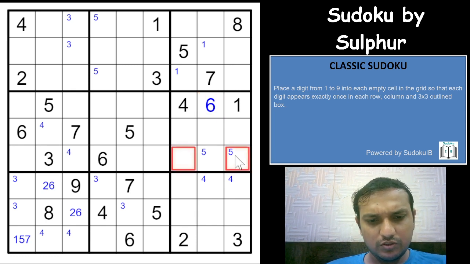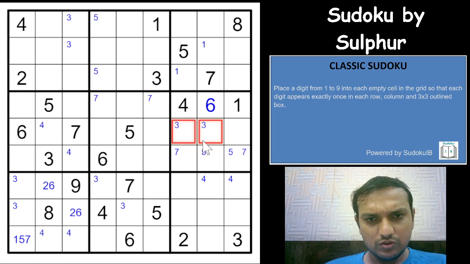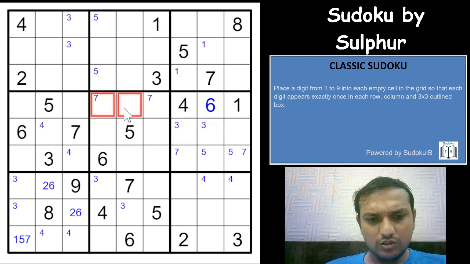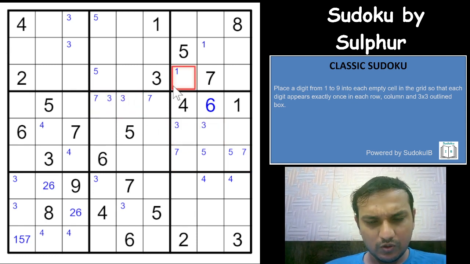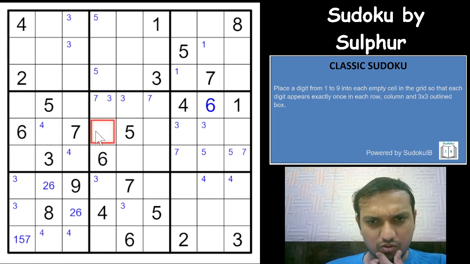Seven is in one of these two cells, so that gives you a 7 in these two cells. 3 is in these two cells, that gives you 3 in these two cells. Okay, so we got something, one of the cells is eliminated for 3, 5, 7, 2, 8 and 9.